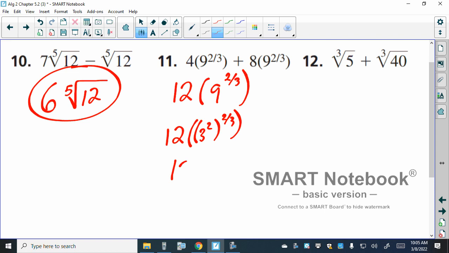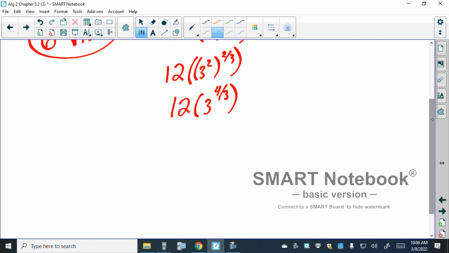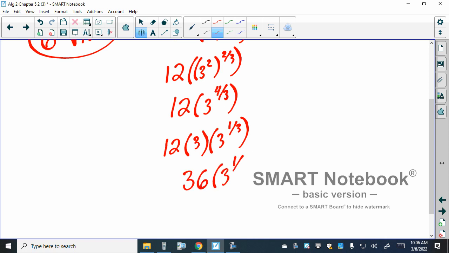And powers of powers multiply, so it would be saying 12 times 3 to the 4/3. Right, because 12 times 3 times 3 to the 1/3, because 3/3 would move 1 out, which would just be 36 times 3 to the 1/3 if we wanted to take it all the way down.